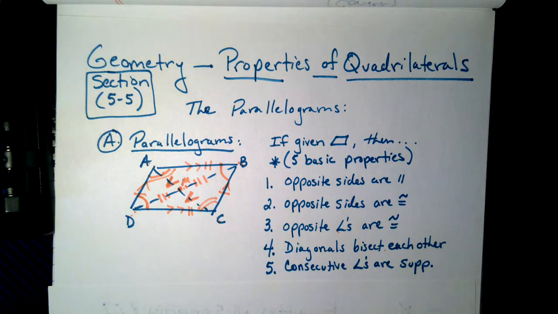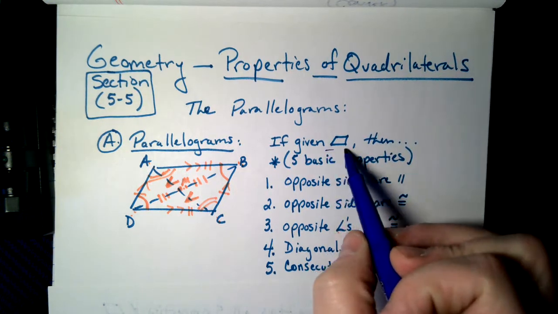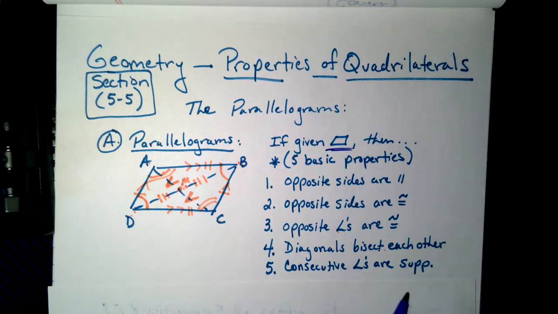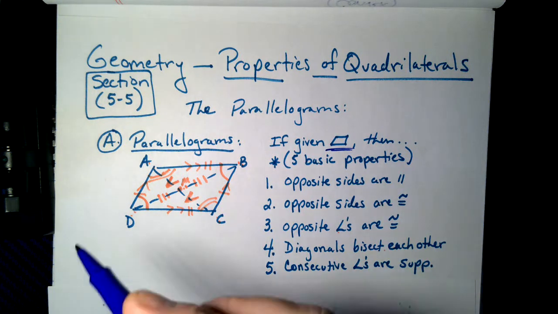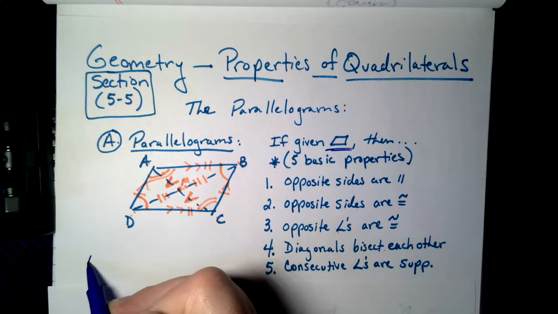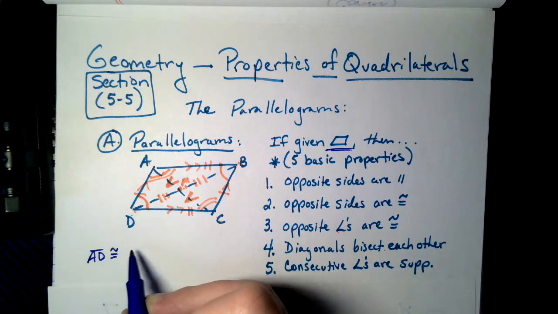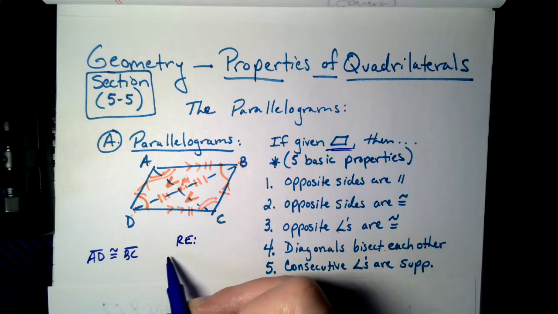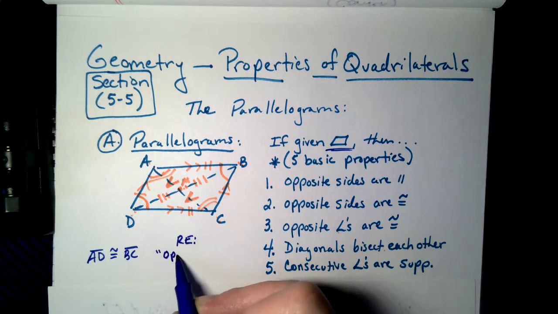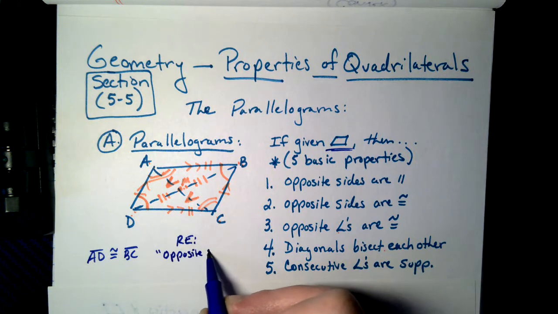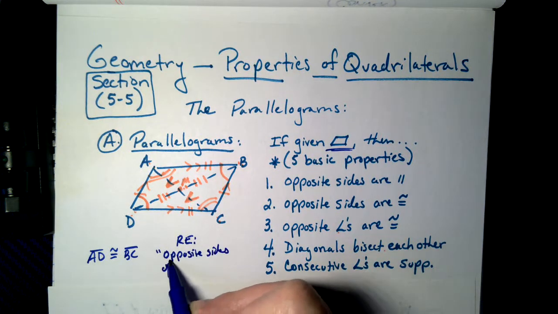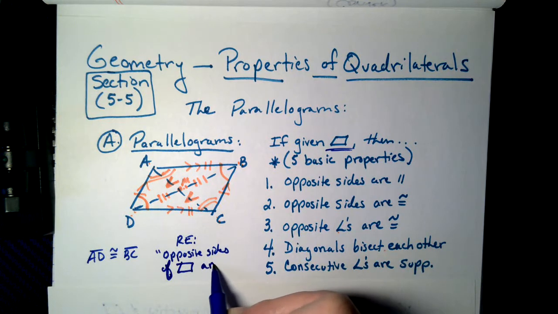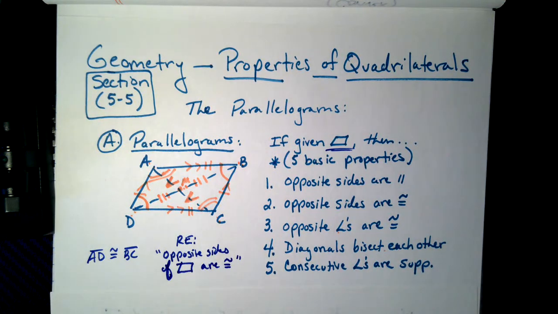So if they tell you it's a parallelogram in the givens, then you could say something like, as a statement, AD is congruent to BC, and as a reason, this is what we need to really practice, opposite sides of a parallelogram are congruent. Don't even need to make it an if-then sentence. Just say opposite sides of a parallelogram are congruent to each other.